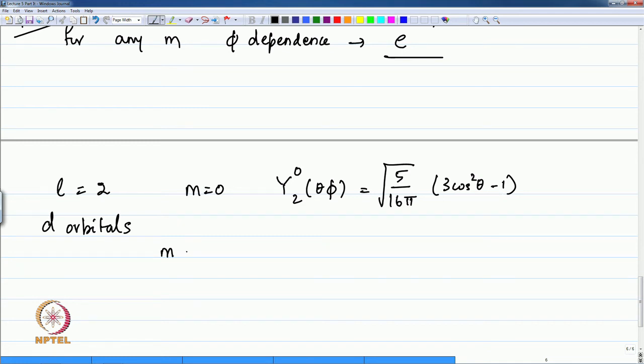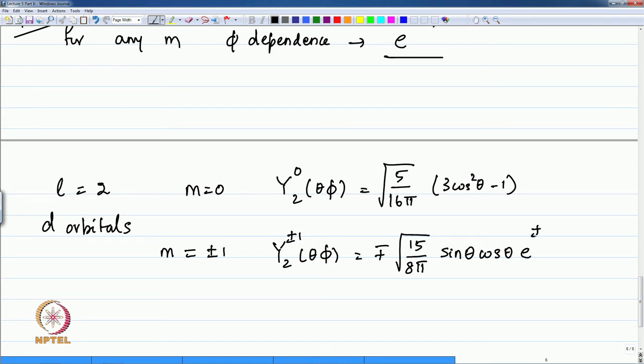And when m is plus or minus 1, Y 2 plus or minus 1 theta phi has a minus plus and square root of 15 by 8 pi sin theta cos theta e to the plus or minus i phi.